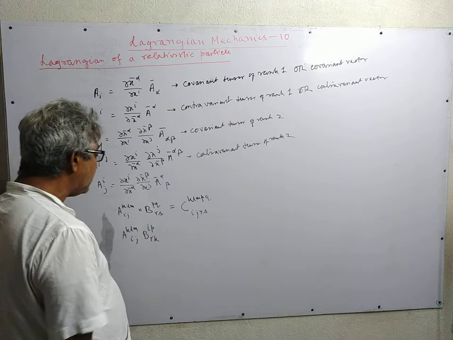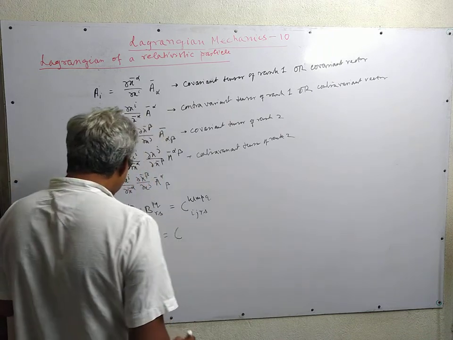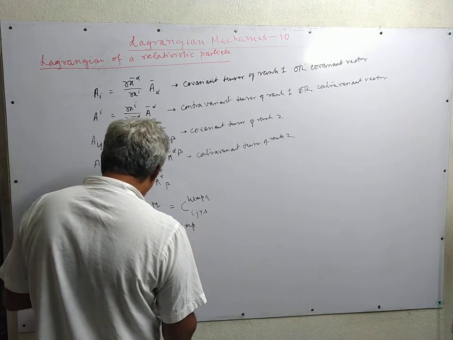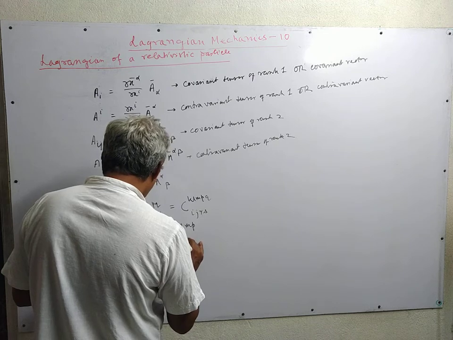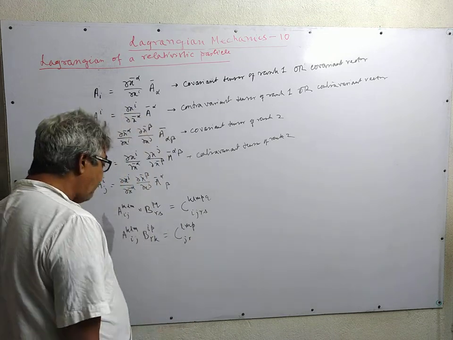So the resulting quantity will be a tensor with indices LMP and JR. So it is a tensor of rank 5.